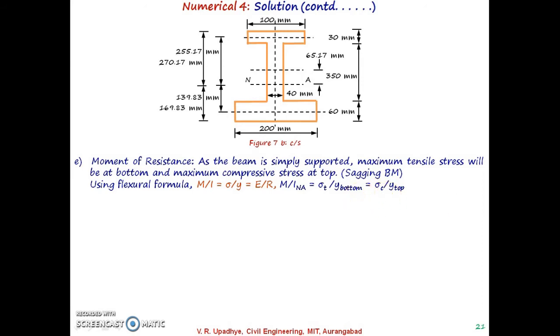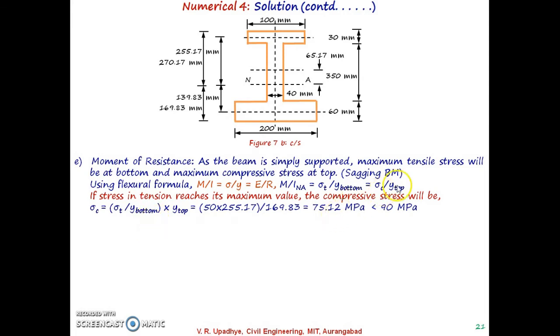With this we can go for further analysis. Like, if the stress in tension reaches its maximum value, what will be the compressive stress? We can analyze that: sigma C divided by Y top is equal to sigma T divided by Y bottom. We can rewrite this equation as sigma C is equal to sigma T multiplied by Y top divided by Y bottom. What is written over here is sigma T divided by Y bottom multiplied with Y top. We calculated those earlier from the neutral axis.